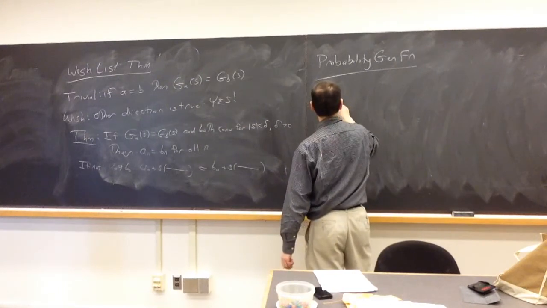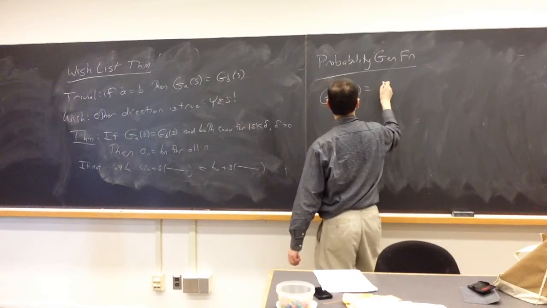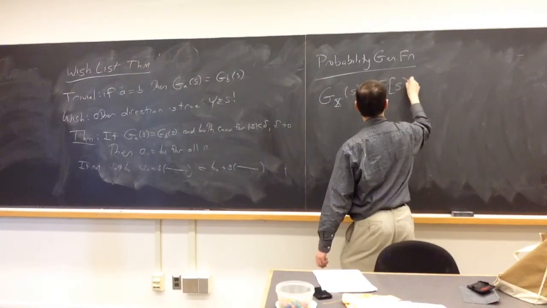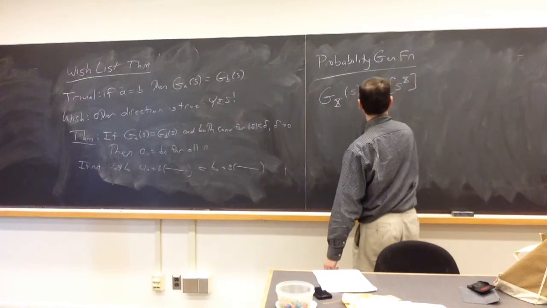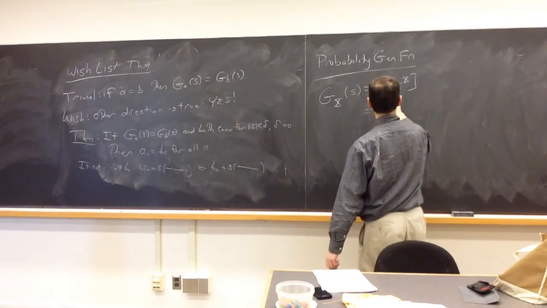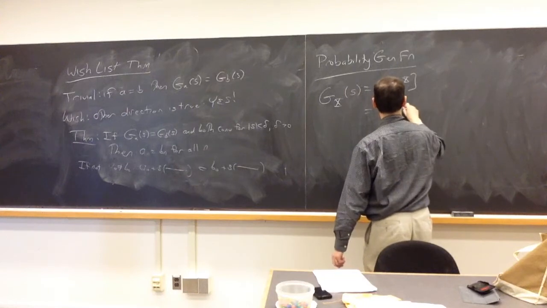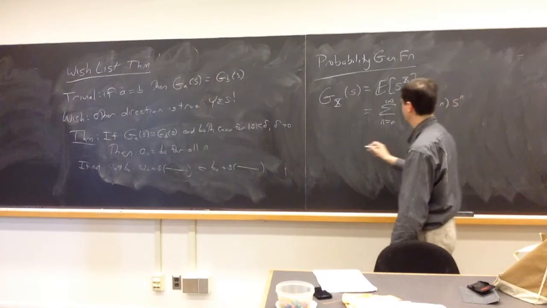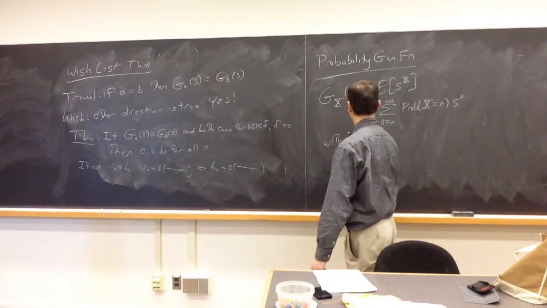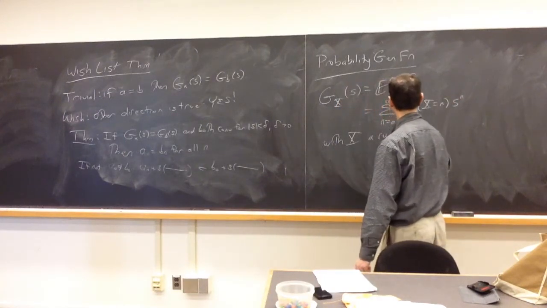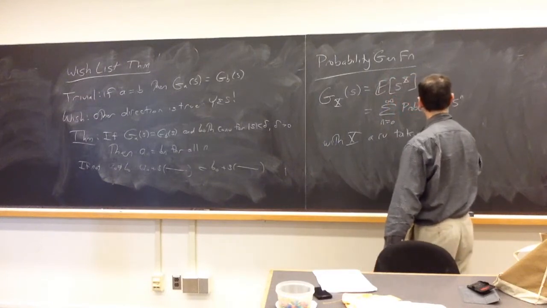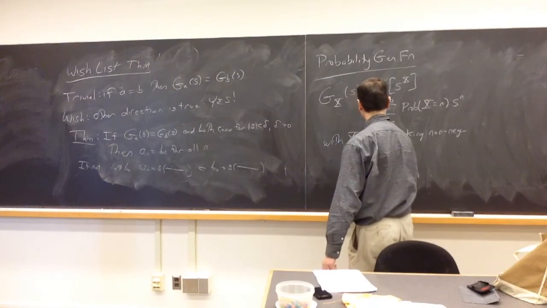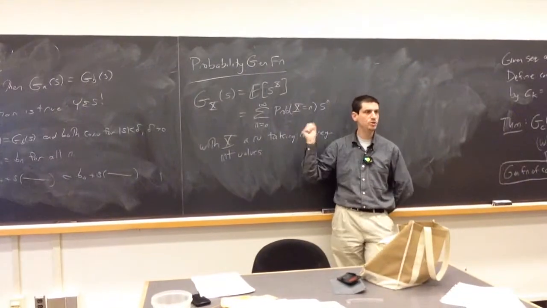G_X of s is going to be the expected value of s to the X. This is going to be a sum from 0 to infinity of the probability that X equals n times s to the n, with X a random variable taking non-negative integer values.